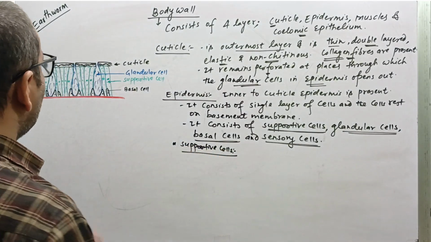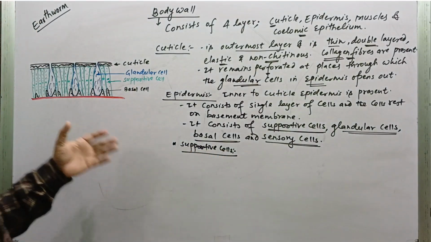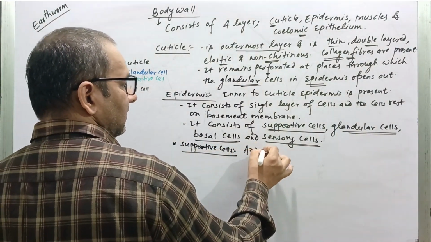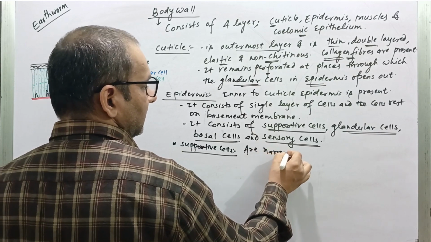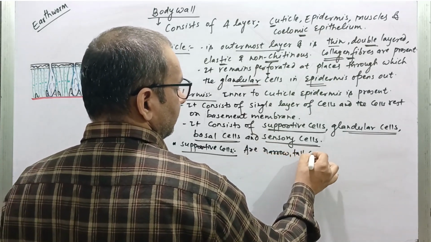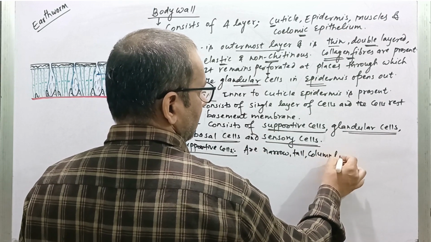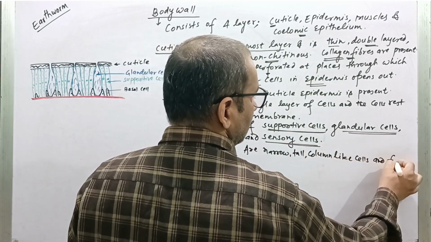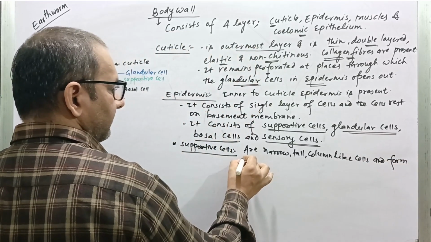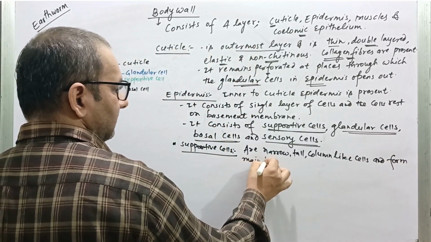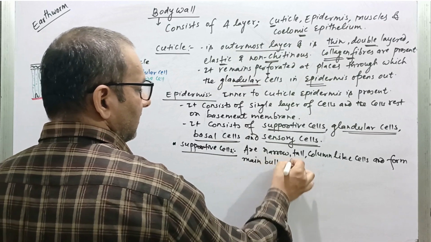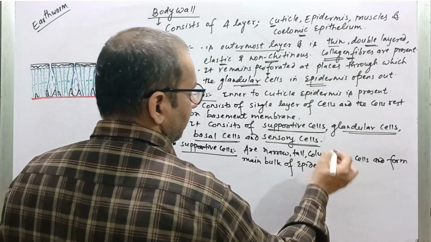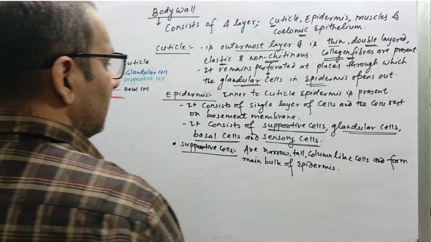The supportive cells are narrow, tall, column-like cells and form main bulk of the epidermis. They form the main bulk of the epidermis.